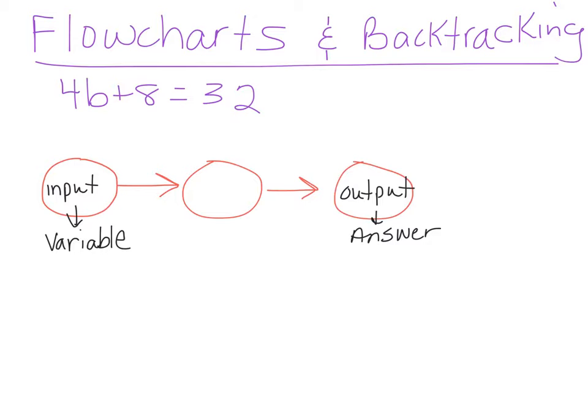Then we have our last circle. In this case, I have a flowchart that only has 3 circles. Sometimes our flowcharts will have 2 circles, sometimes 3, sometimes 4. Either way, the very last circle is called our output, and that is the answer to our equation. Now, I'm going to explain what these arrows mean.